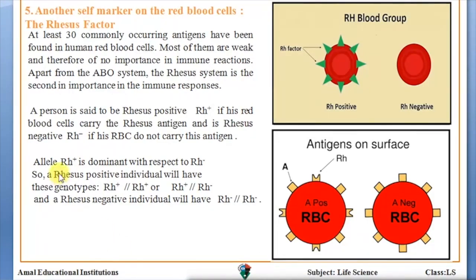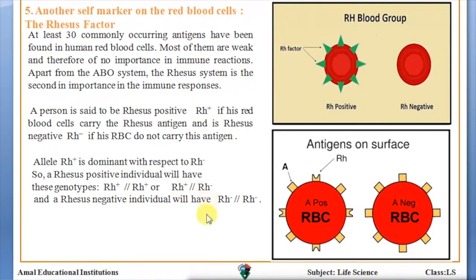The allele Rh positive is dominant with respect to the allele Rh negative. So, for a person to be a rhesus positive individual, he's going to have the two genotypes shown here. He's going to be homozygous Rh positive or in a heterozygous form Rh positive, Rh negative.